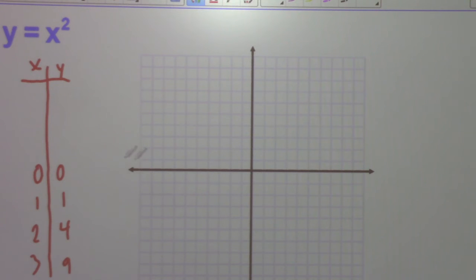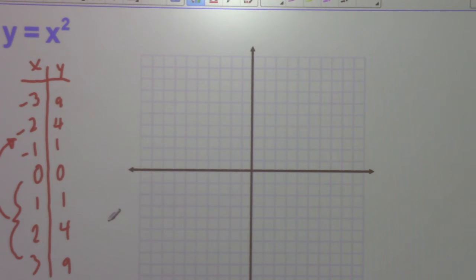And then, because of symmetry, what's our axis of symmetry here? 0, the y-axis. So if we go to -1, -2, -3, what are we going to get? 1, 4, 9, the same situation over here.